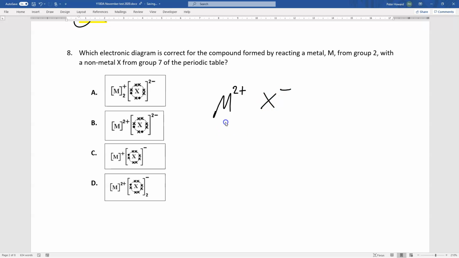If we did swap and drop, so as in writing the size of a charge for each of those ions below it, 2 and a 1, the formula would be MX2. The only one which fits that criteria is D. And again, we've got a charge of 2+ because metals from group 2. Everything in group 7 forms -1 ions.